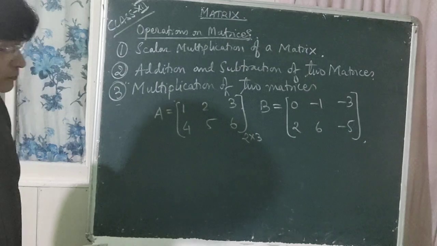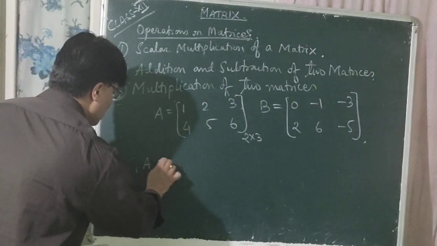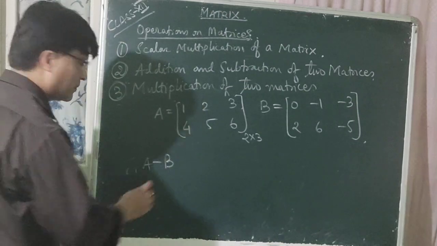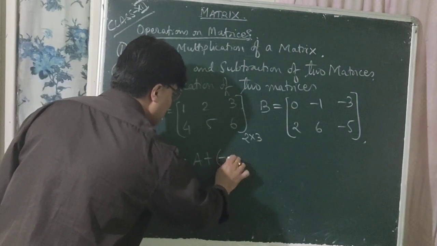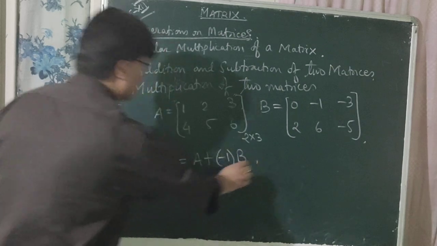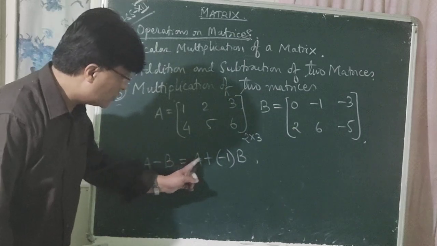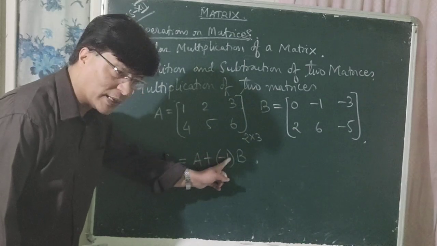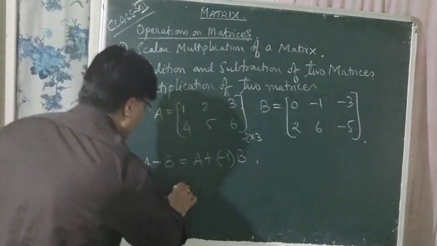Is that clear? So now, what is A minus B? A minus B is equal to, you can write it as A plus minus 1 into B, isn't it? So A minus B is equal to A plus within bracket minus 1 B, since plus into minus is minus, and 1 into B is B, right? So what is A here?